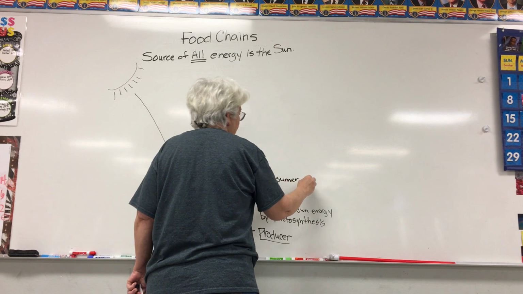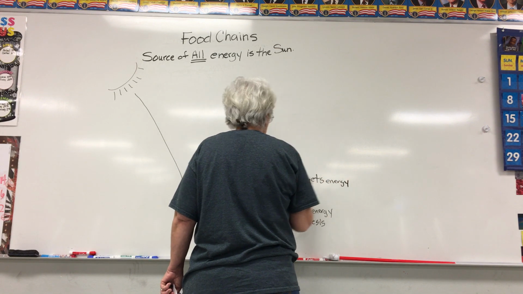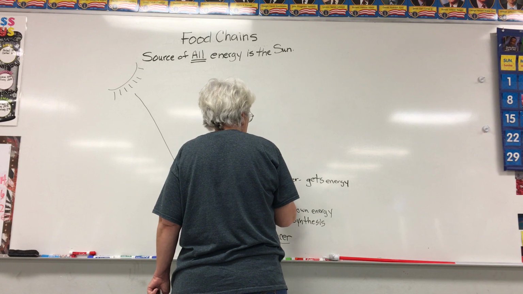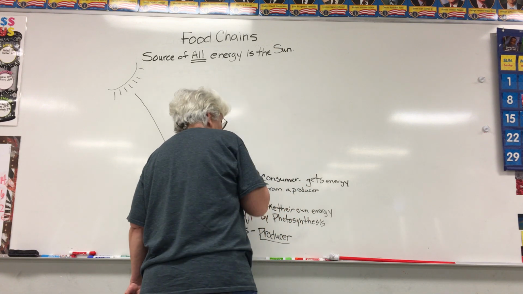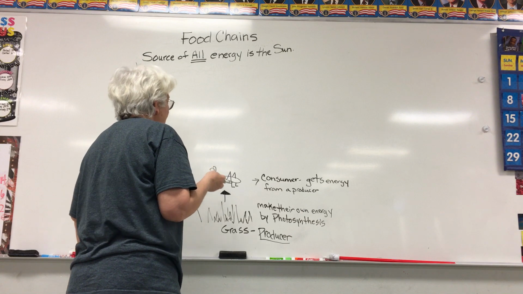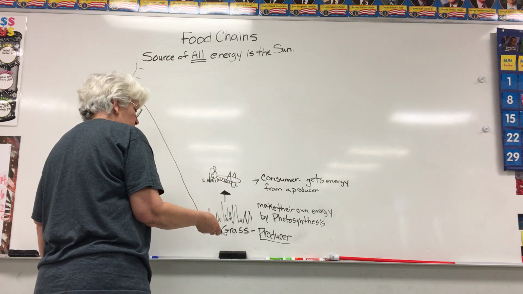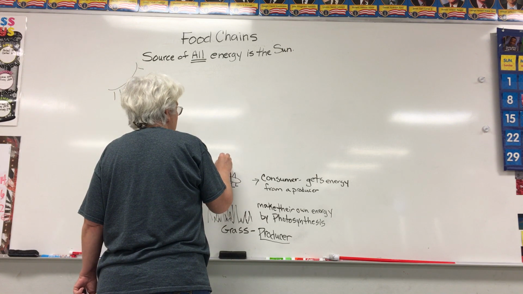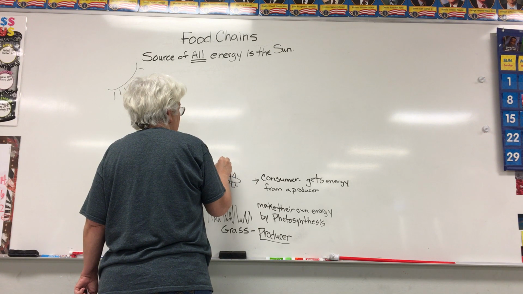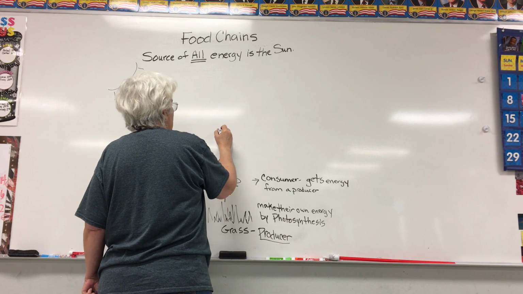He gets his energy from a producer. So he eats the grass, and in his body he makes energy, and that energy is now moved to the next thing in line, which is a cute little spider.